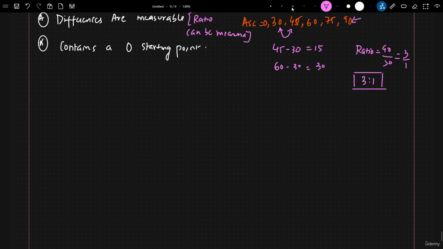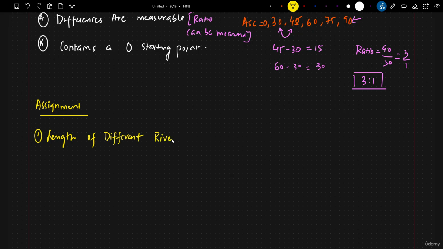One better assignment that I really want to give you is that please try to assign what measurement scale we will specifically use. So let's say the first one is, if I want to calculate the length of different rivers in the world. Please let me know what measurement scale you will specifically use, right?